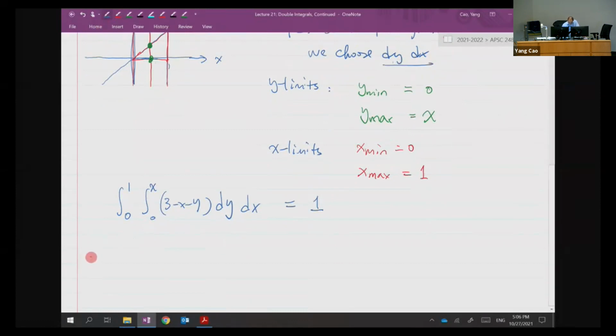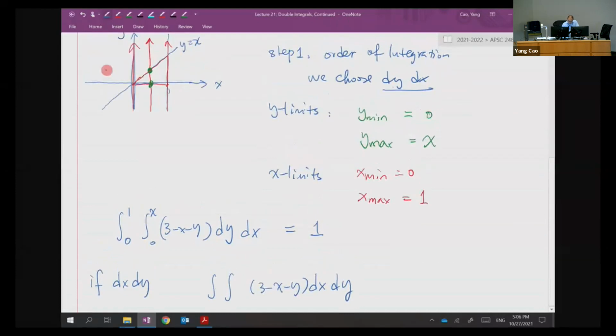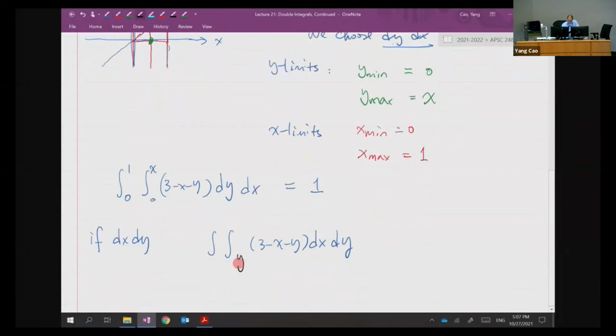Now, if we do dx dy, you can easily change the limits by following the same process. In this case, you draw an arrow line in the x-axis direction first. The first contact gives you x min, and the second contact gives you x max. So x min is y, and x max is 1.